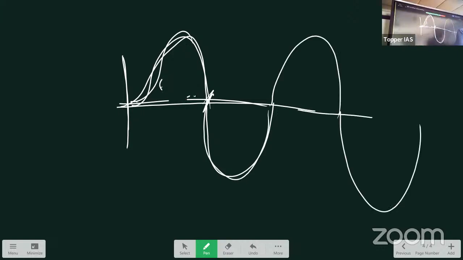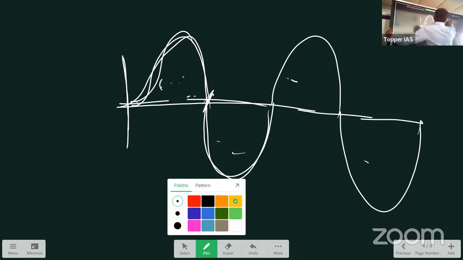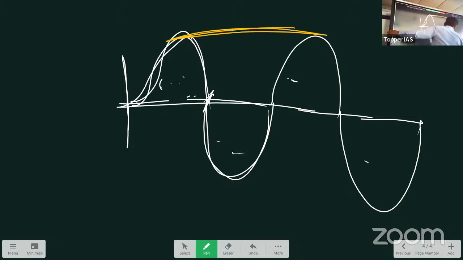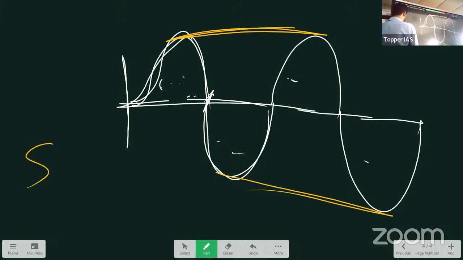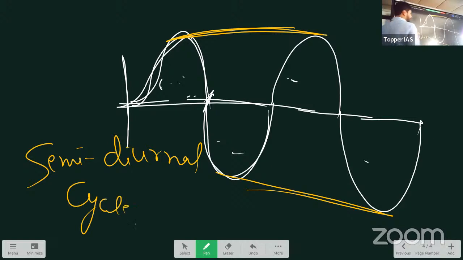Again, there will be another low tide. In total, 24 hours, 50 minutes. Understand this? So generally, in any place, there are two high tides and two low tides. Also look at the height of the high tides. They are the same here, and the height of the low tides will be the same. So this will be usual. Such a kind of cycle is called a semi-diurnal cycle of the tides.